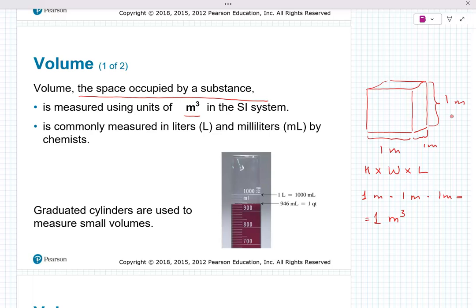How big is a cubic meter? I'm going to use imperial units to give an idea. It's about 250 gallons, more than that. That's a lot. Like, that's a lot of gallons. So for the lab, it's not a useful unit. So in the lab, we're going to be using liters.